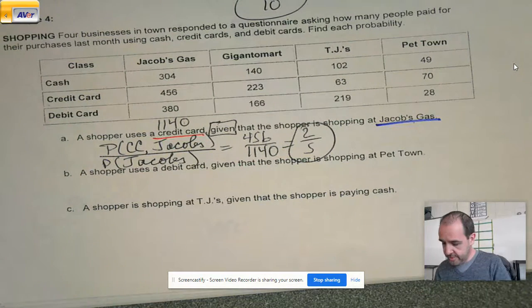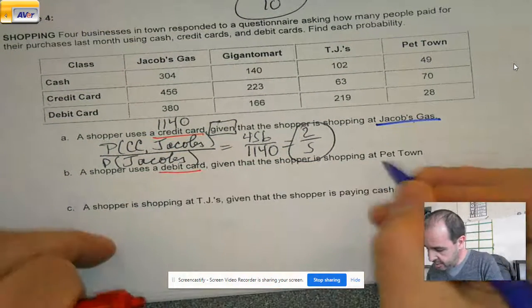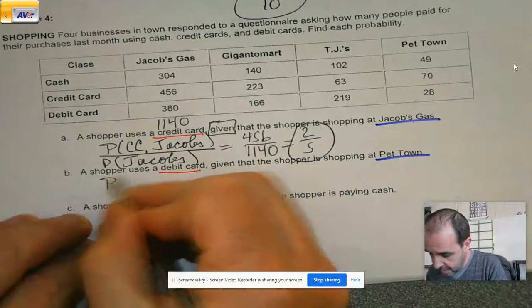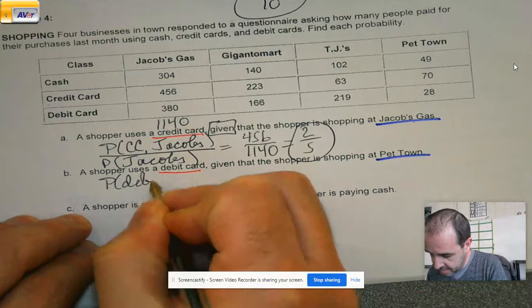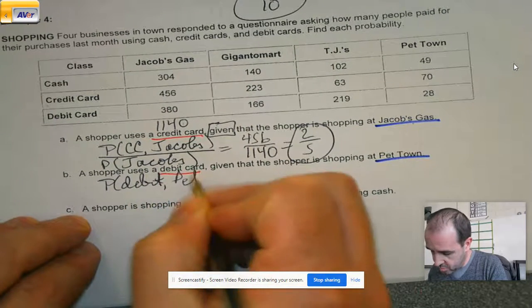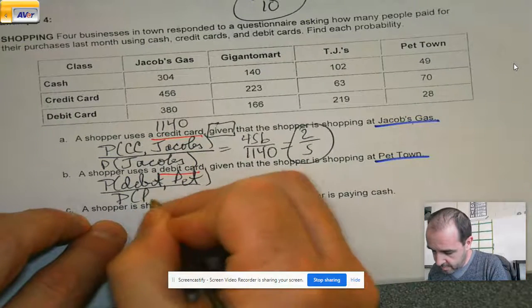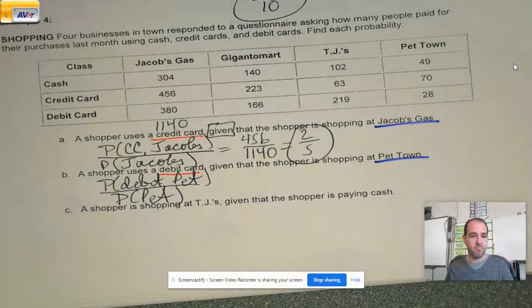So shopper uses a debit card shopping at Pet Town. Probability debit, Pet Town, over probability of Pet Town. Told you I was saving the easiest stuff for last. I wasn't kidding.